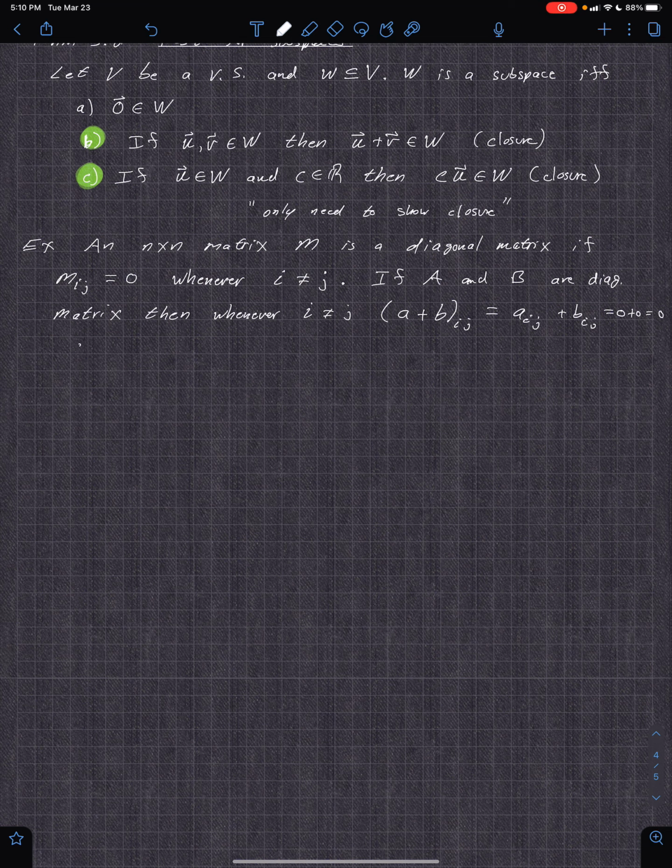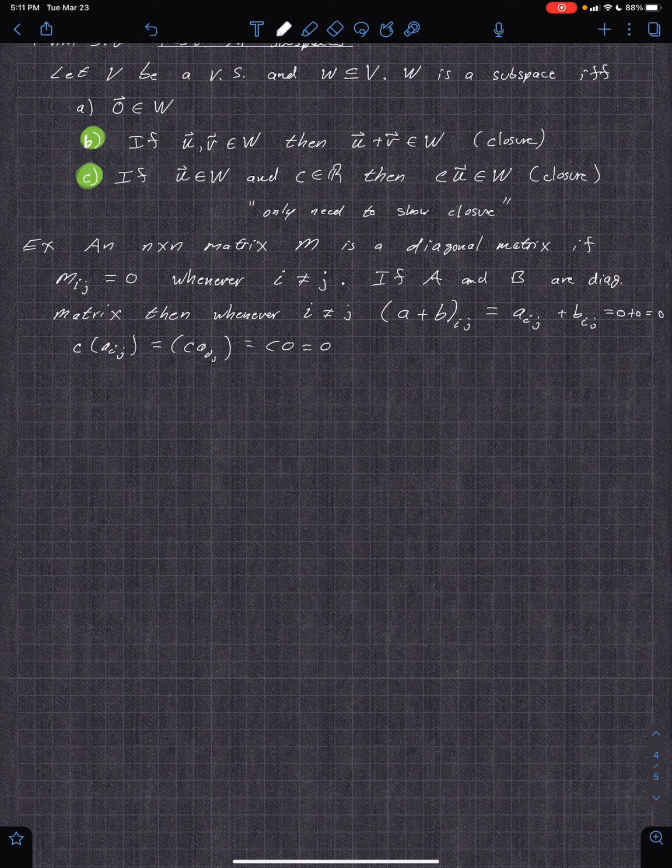And then we have, of course, (C times A) sub ij equal to C times A sub ij, equal to 0. This isn't going to change, just multiplying every component, right? So this shows that everything's 0 if the indices are not the same. Okay, so that tends to work out.